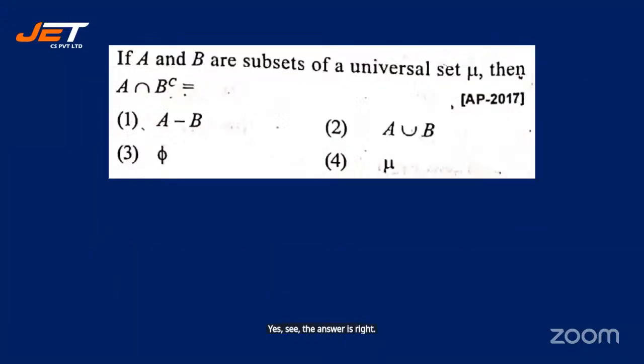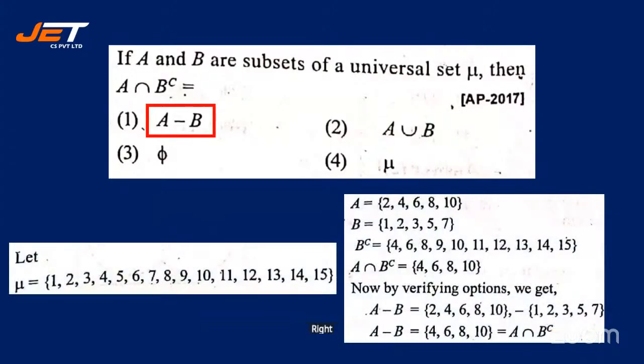Next, if A and B are subsets of a universal set mu, then A intersection B complement is equal to dash. So this was asked in the year 2017, which is A minus B. You can put your own numbers as an example.